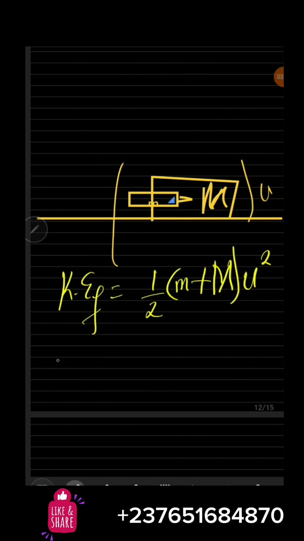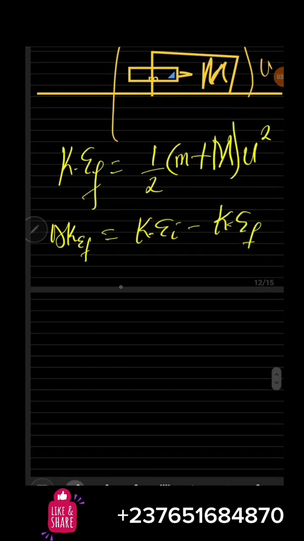Let us first look for the change in kinetic energy. Change in kinetic energy will be initial kinetic energy minus the final kinetic energy, and I can look for the fractional kinetic energy with respect to the bullet.